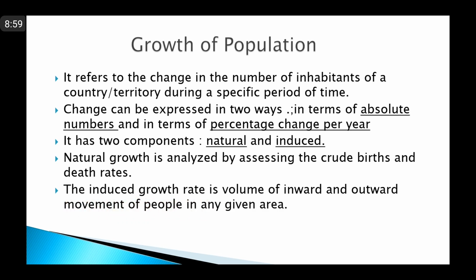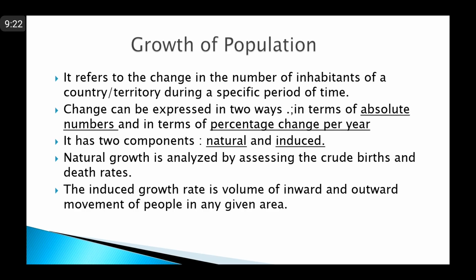One is the natural, assessed by the crude birth and death rate, and the induced is inward or outward movement. It means migration, it is clearly related to migration, either people are leaving or people are coming to a particular region.